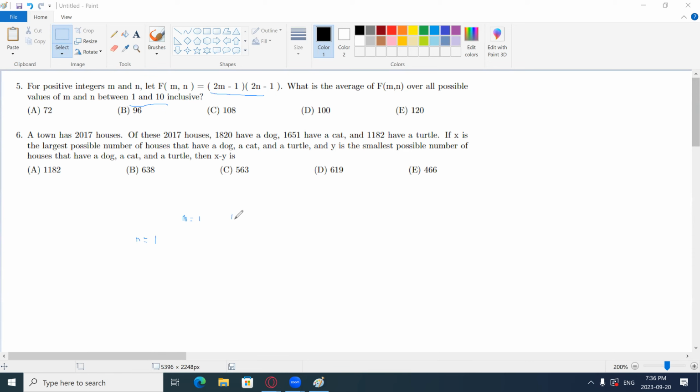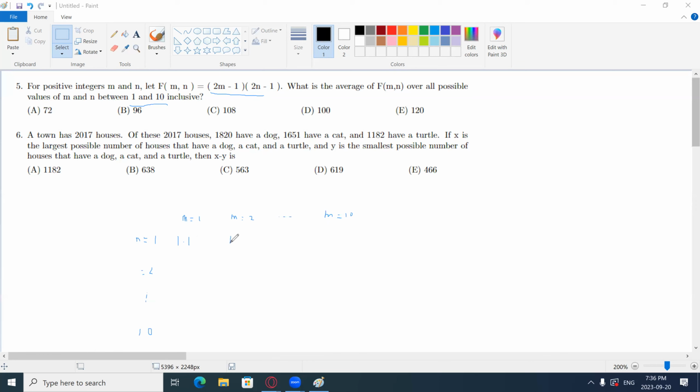But m could be equal to 2 until 10, and n could be equal to 2 until 10. So when they're both 1, 2 times 1 minus 1 would be 1, and the other 2 times 1 minus 1 would also be 1.